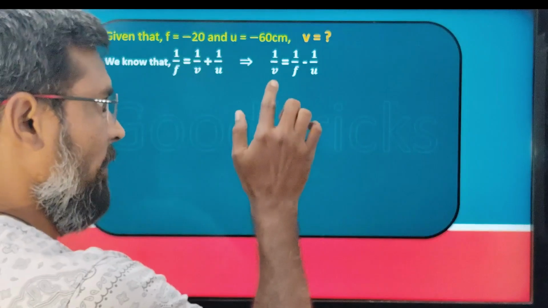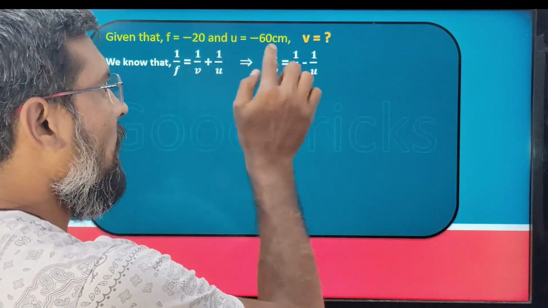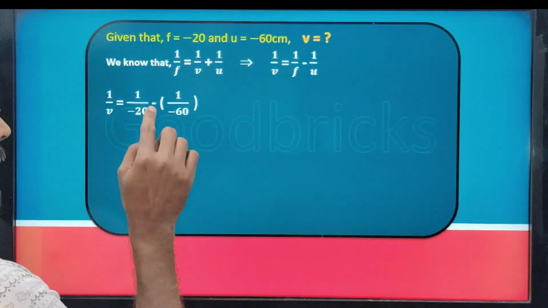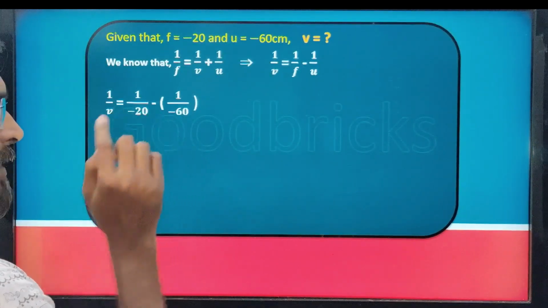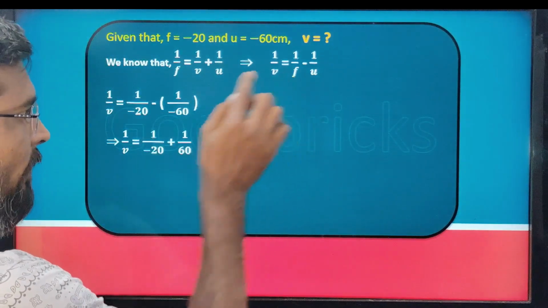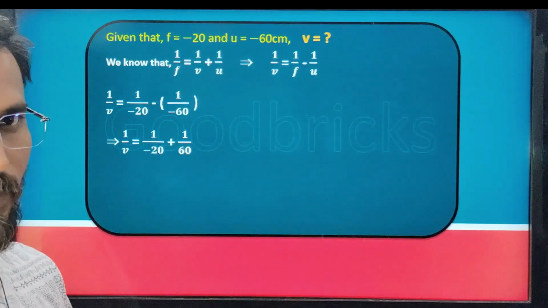To calculate image distance, let us substitute the f and u values which are given in the question. Here, minus into minus is plus. In place of f we have written minus 20, in place of u we have written minus 60.